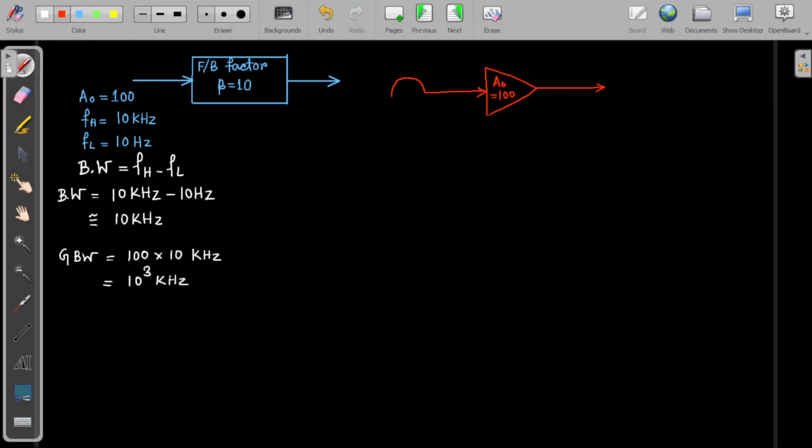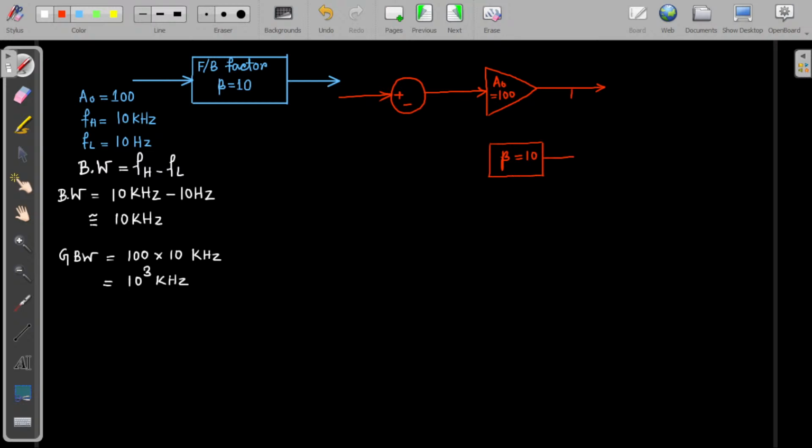So here there will be the mixer. We are using the negative feedback. Here the feedback path gain beta is given as 10. So this is the feedback path gain.